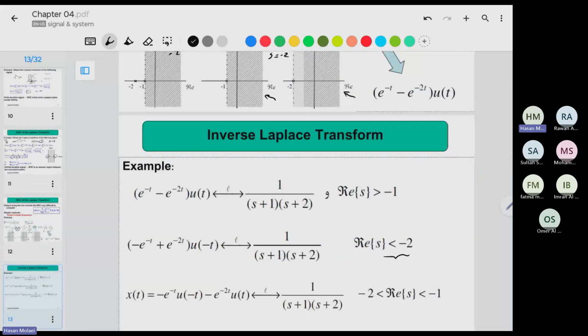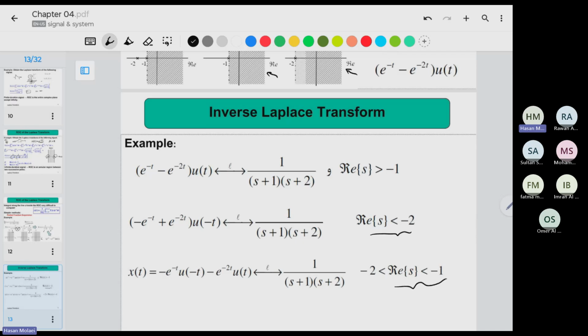If the ROC was smaller than minus 2, for both it would be left-sided. So I have to use minus e to the power of minus at u(minus t).